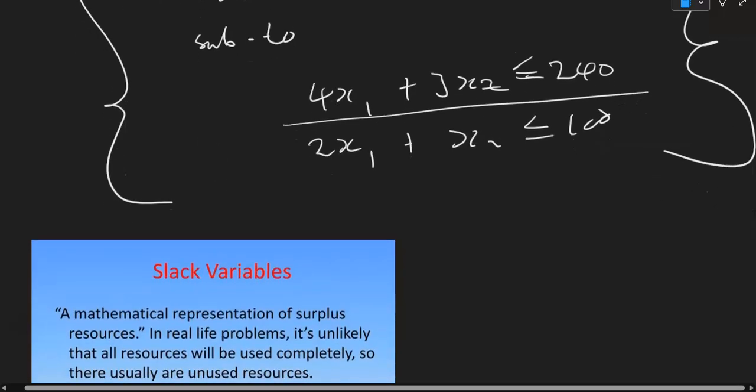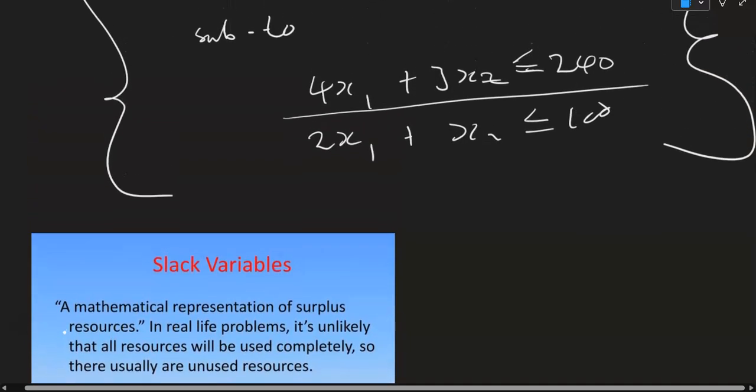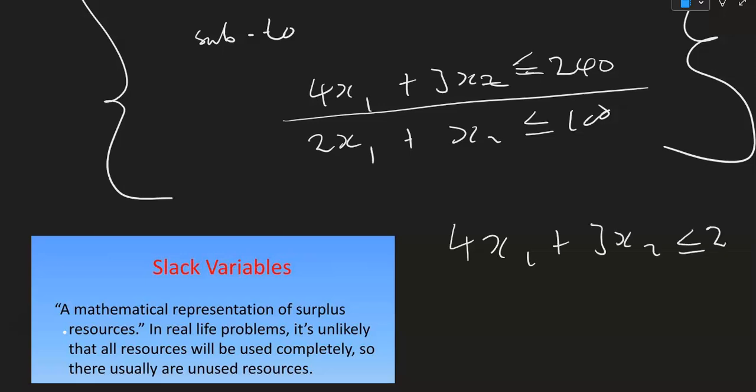So for the first equation, 4x1 plus 3x2 is less than or equal to 240, we are going to introduce a slack variable to indicate that there is a possibility of a leftover. So we say 4x1 plus 3x2 plus s1. S is a representation of a slack variable.